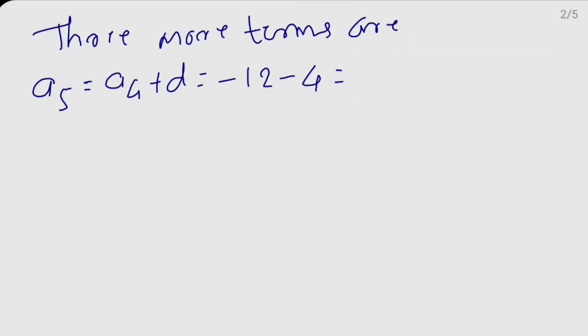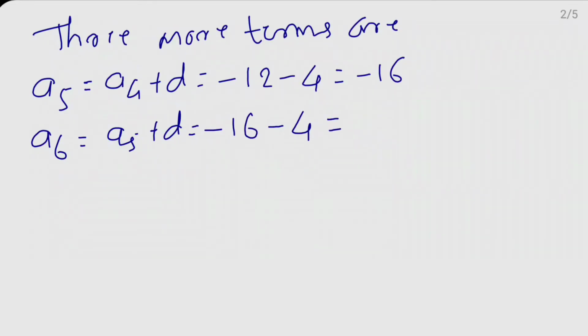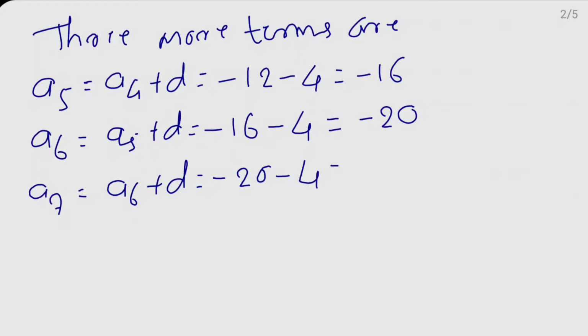So minus 12 minus 4 becomes minus 16, and A6 is A5 plus D. So here A5 is minus 16 and D is minus 4, so minus 16 minus 4 becomes minus 20, and A7 is A6 plus D. A6 is minus 20 and D is minus 4. So minus 20 minus 4 becomes minus 24.